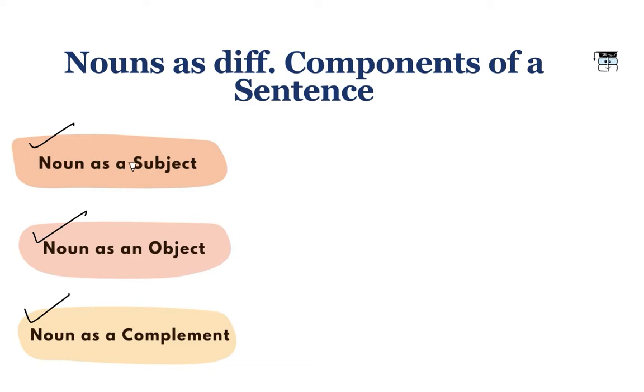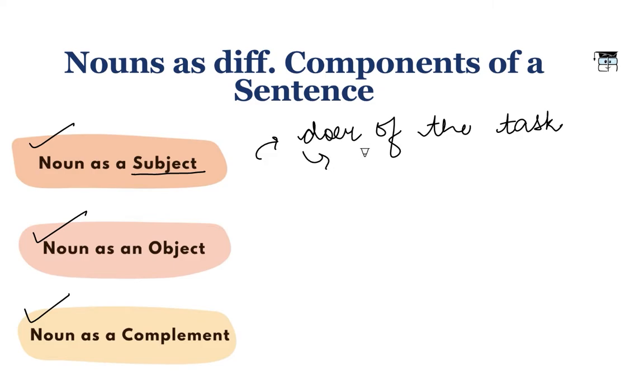Starting with the first one, noun as a subject. When a noun acts as the doer of the task that is being carried out in the sentence, or in simpler words, when a noun acts as the main character of the sentence, it takes up the form of the subject of the sentence.